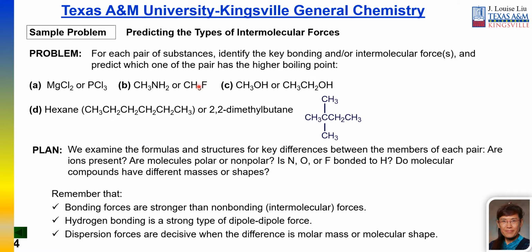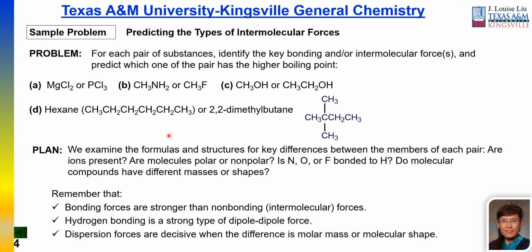If they are both organic compounds, like B, C, and D, 3 groups, what are you going to examine? You are going to find whether the molecule is polar or non-polar. If you have nitrogen, oxygen, fluorine in your molecule, is any of these atoms bonded with your hydrogen directly?